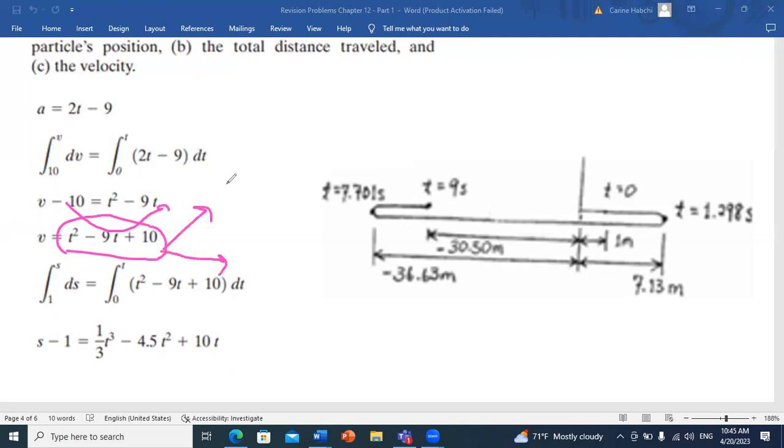Okay, so T1 equals 7.7 seconds and T2 equals 1.298 seconds. These are the two times at which the car or the particle stops. So what we should do here then is draw the table of sign for the velocity.